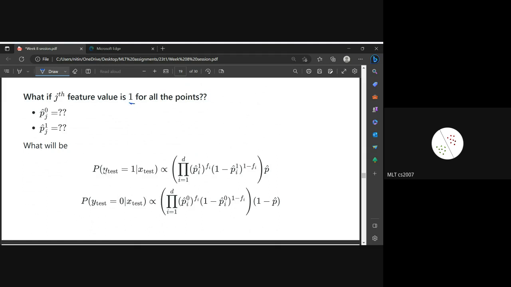So what will be the prediction for this? This is the estimate for the jth feature taking value 1 given y equal to 0, right? And I'm saying that in the training data set, the jth feature value is always 1, right? So this estimate will always be 1, right? And what will be the estimate for this thing?